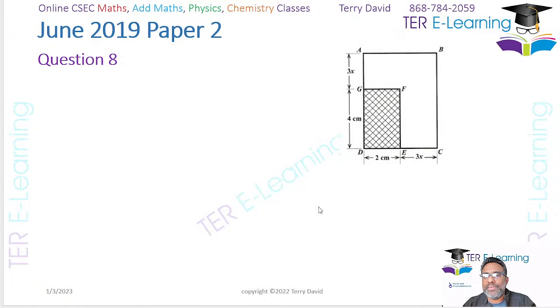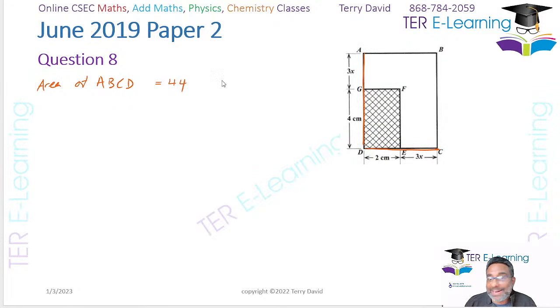Okay, this is what we have here, and we know the area of ABCD is 44, right? But to get that area, you need to know this length and you need to know this length here, right?